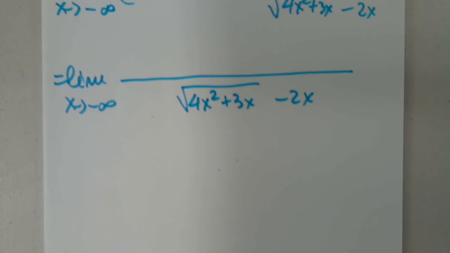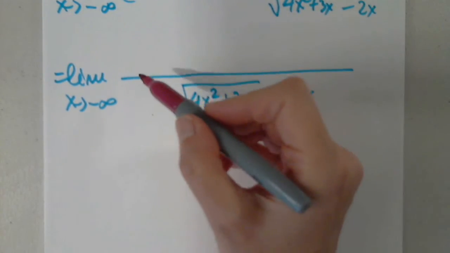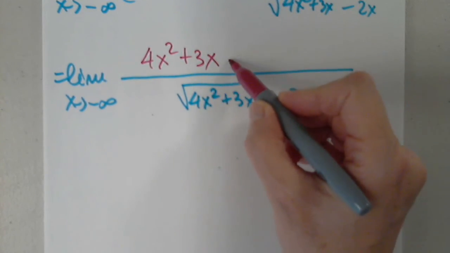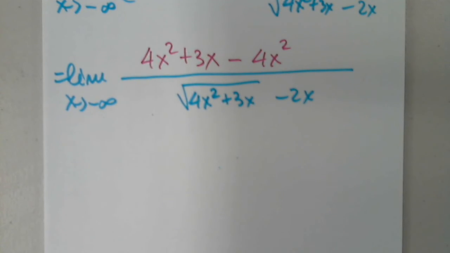And you'll tell me what you get at the top. Very good, well done. The top would be, wouldn't it just be itself without the radical, so 4x squared plus 3x, and then it would be minus 4x squared? Excellent!